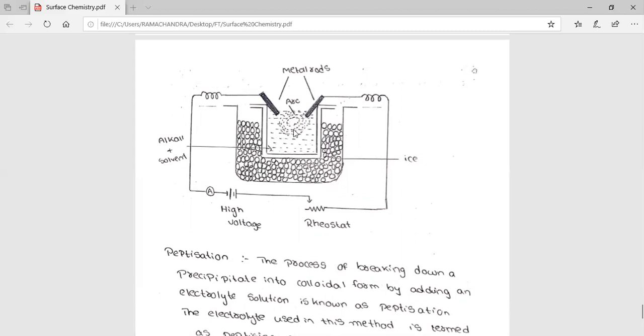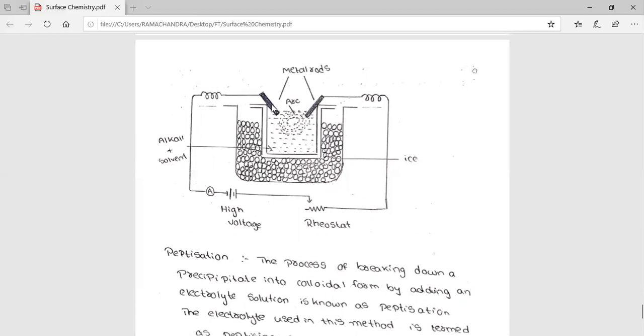We use inert metals such as silver, gold or platinum, and among these we are using silver as the electrode metal.